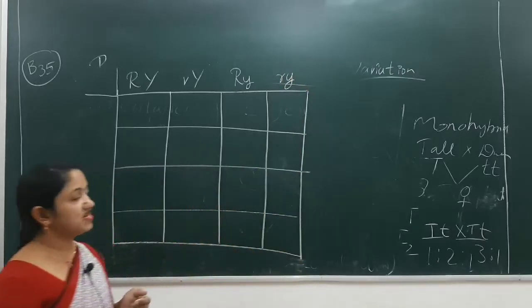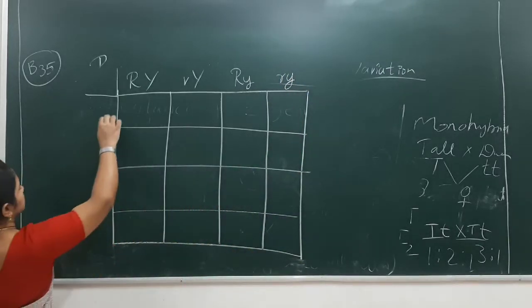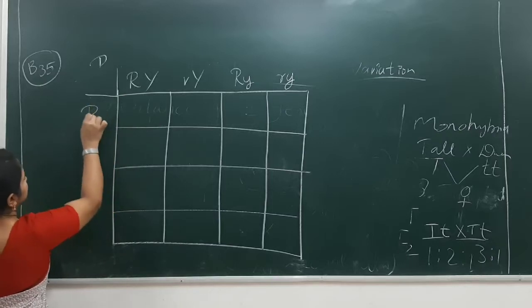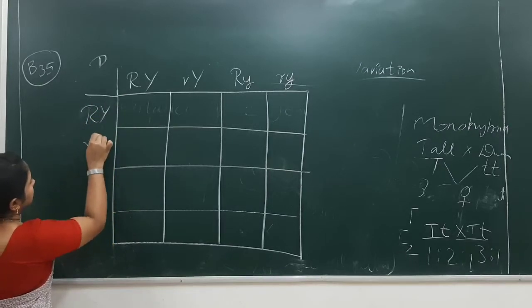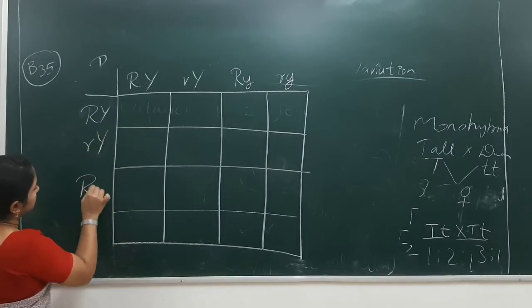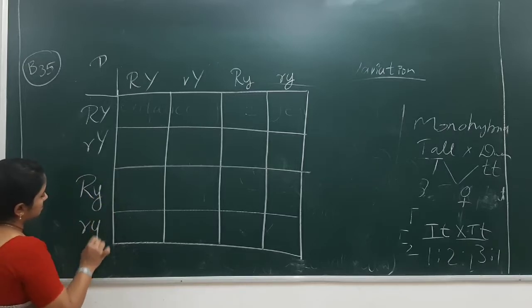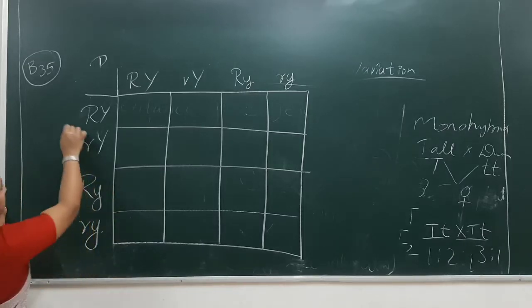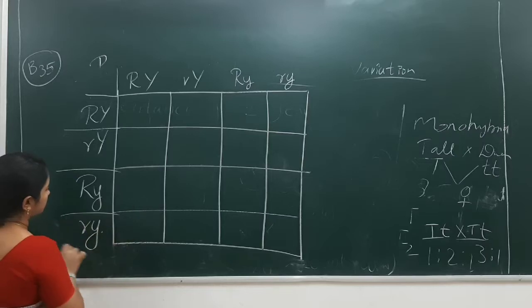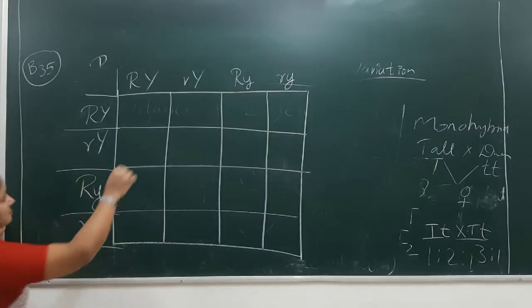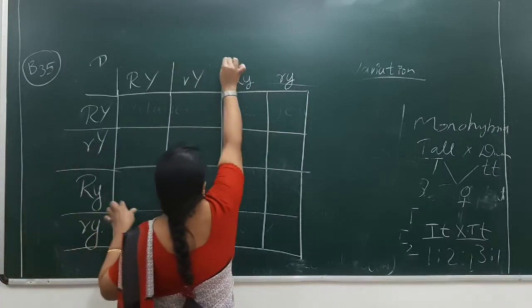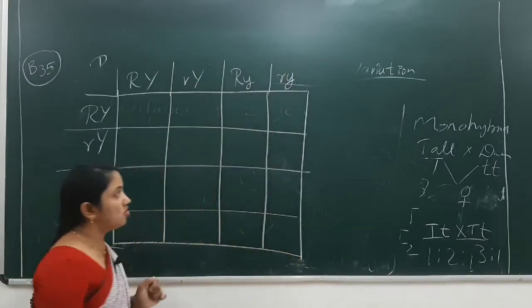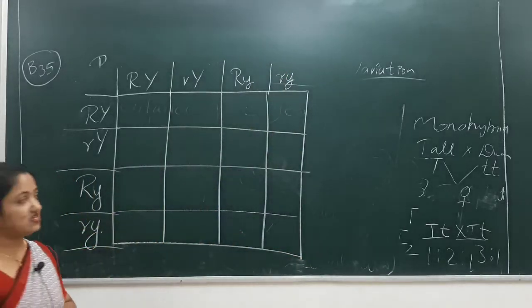So this should be like that, in that manner. Got it? So, these are the gametes. These are all the gametes. How many offsprings are we expecting here?